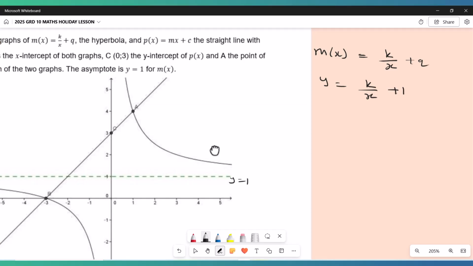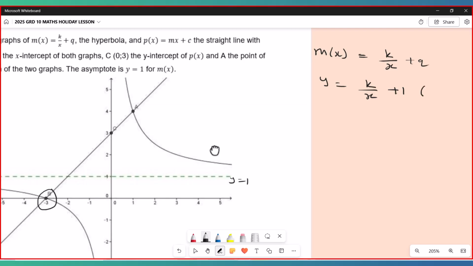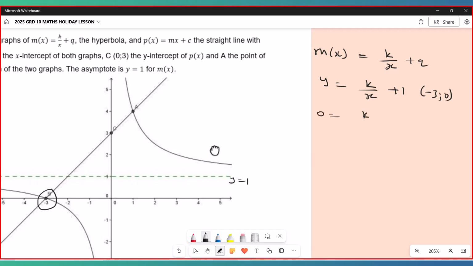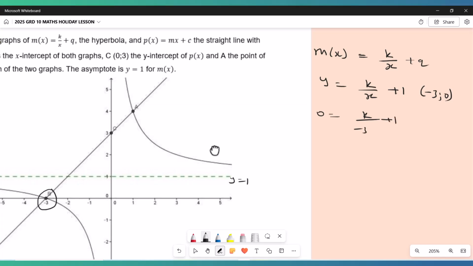So to get my k, I use the given point here, negative 3, 0 at point B. At negative 3, 0, my y becomes 0, so 0 equals k divided by negative 3, then plus 1.